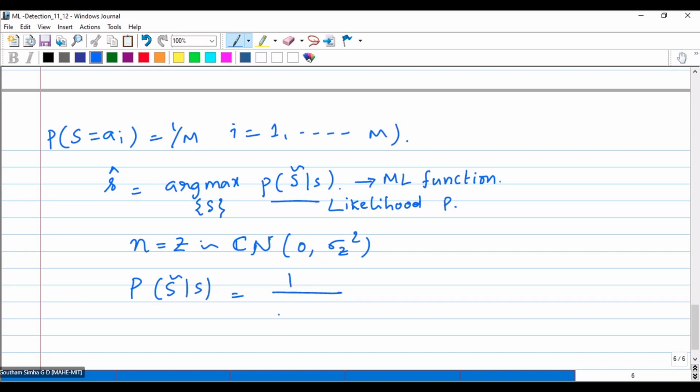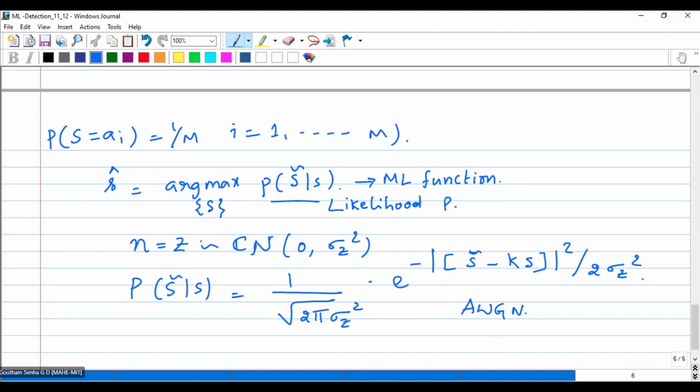This is 1 by 2 pi sigma z square into e to the power of minus norm of S tilde minus some constant, since I've used k, I'll use k, norm square divided by 2 sigma z square, because this is AWGN.